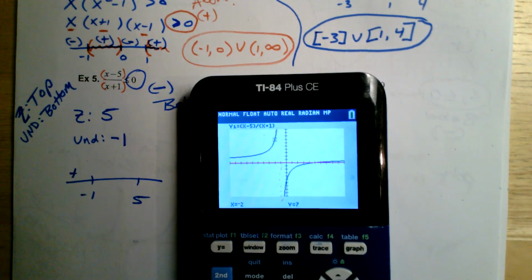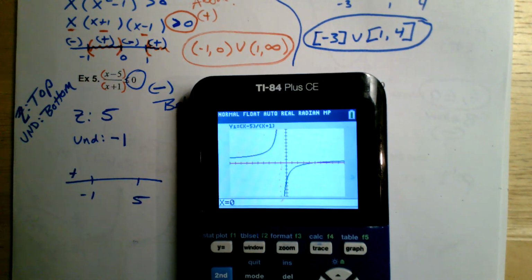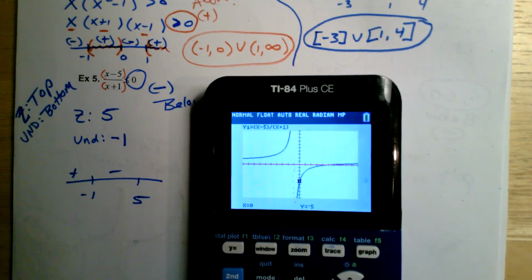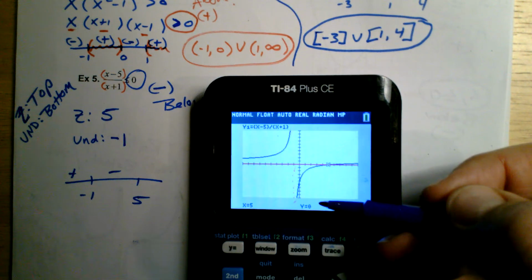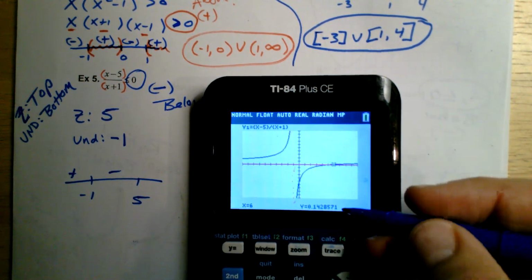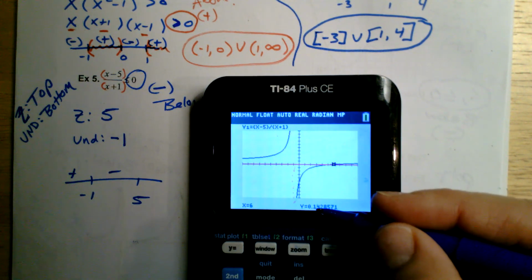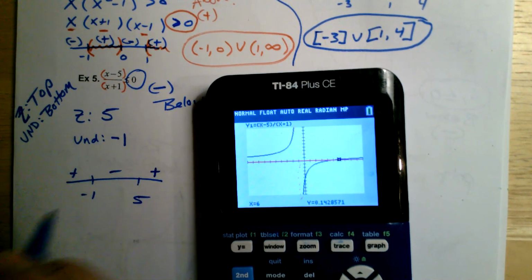We don't want that. Then something between -1 and 5 would be like 0. So 0, -5, that's a negative region. That's definitely below. If I typed in 5, that's definitely on. That's at 0. And if I typed in 6, that's just slightly above, at positive 0.142. So that's a positive region to the right of 5.